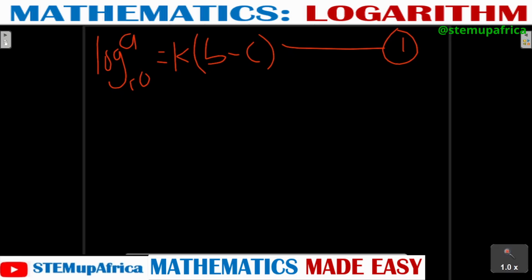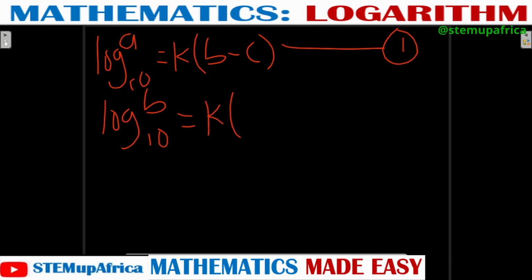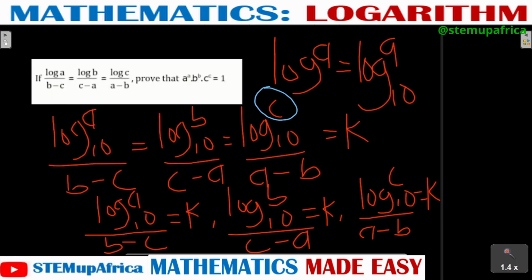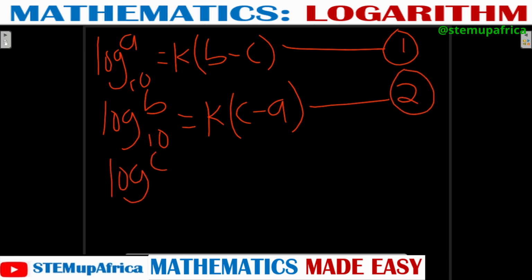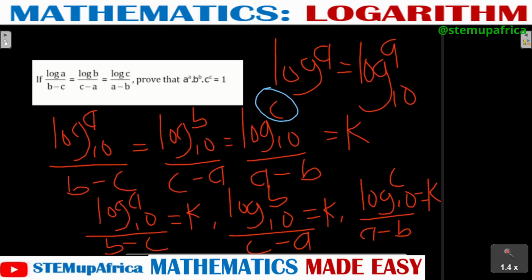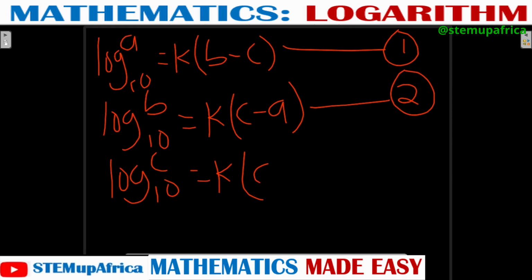If that should happen, I'm going to have log b in base 10 is equal to k into, what do we have in the denominator? We have c minus a. Let's call this equation 2. And lastly, log c in base 10 is equal to k bracket, let us see what we have in the denominator, a minus b. Let's call this equation 3.